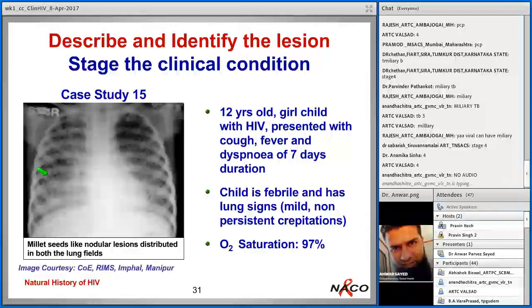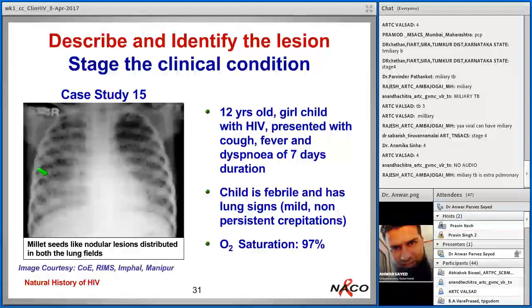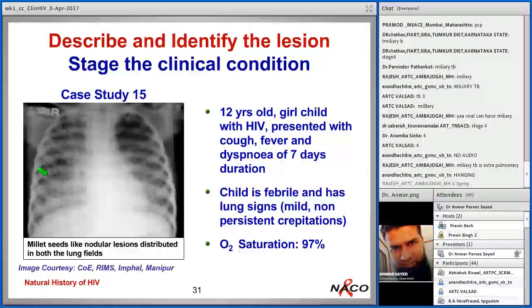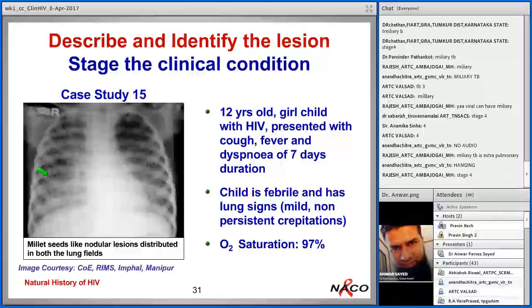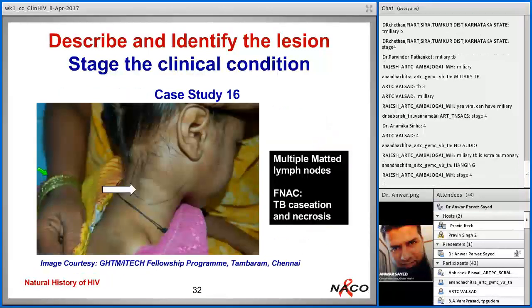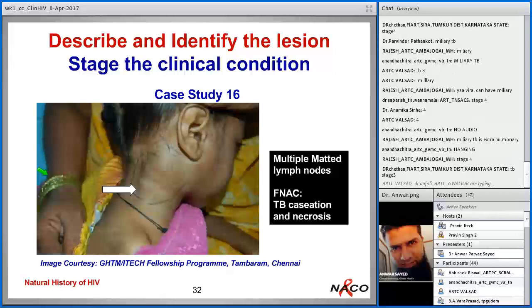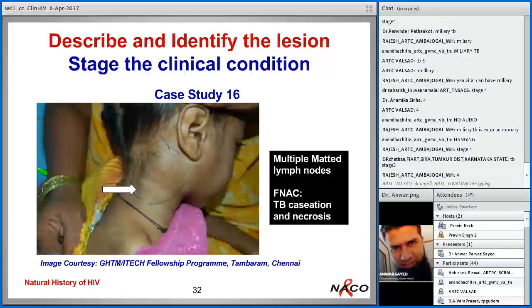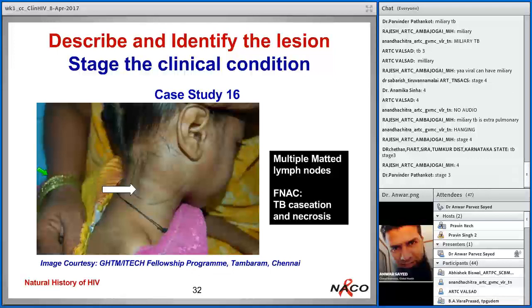See, you need to understand how this miliary TB happens. There is a dissemination of Ghon's focus. Through Ghon's focus, TB bacilli enter the bloodstream, where, like you say septicemia, similarly there will be mycobacteremia. So Mycobacterium tuberculosis is disseminated through the blood, and through that route it reaches the interstitium, which means that TB is in the blood and spreading everywhere.